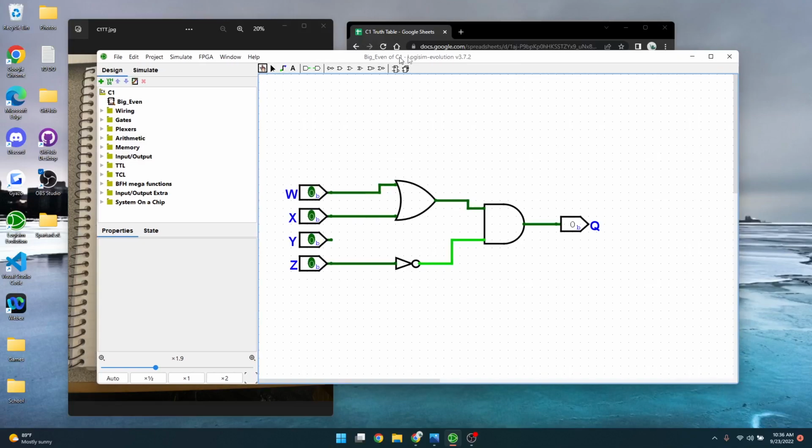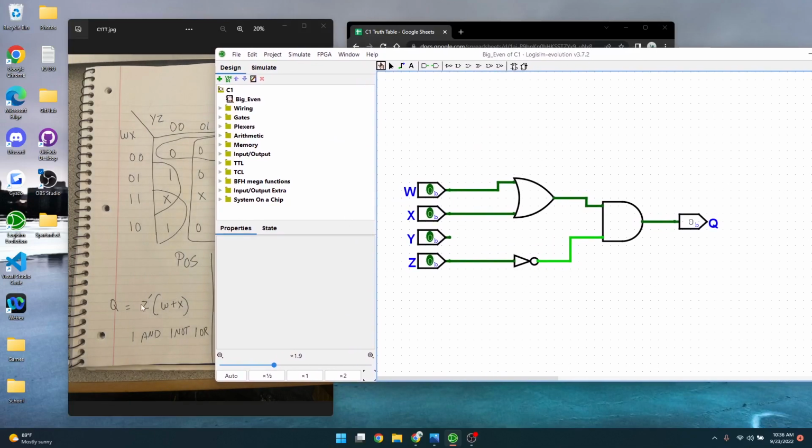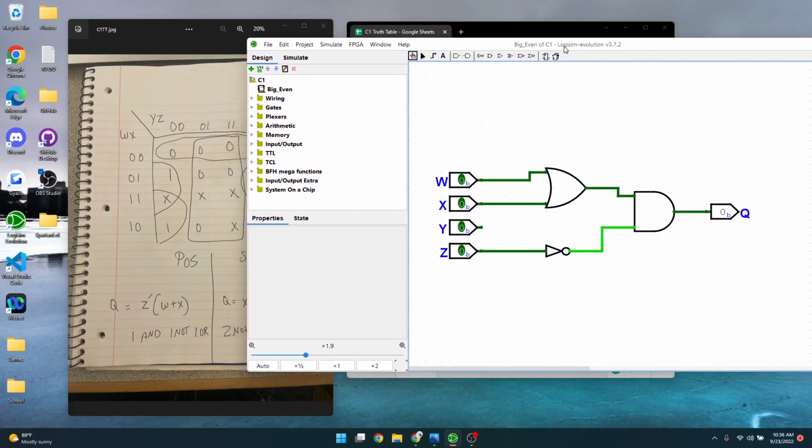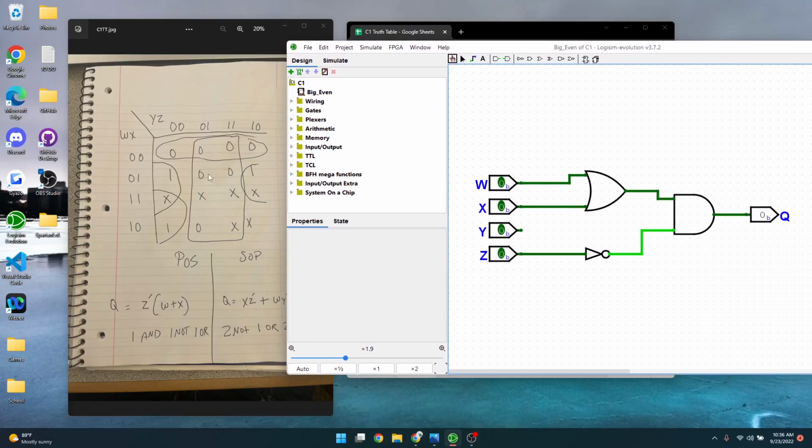Our equation is z complement and w or x. I got that by, I don't know how much we're supposed to explain the K-maps, but I grouped this into 8, I grouped this into 4. So this results in not z, and this results in w or x.